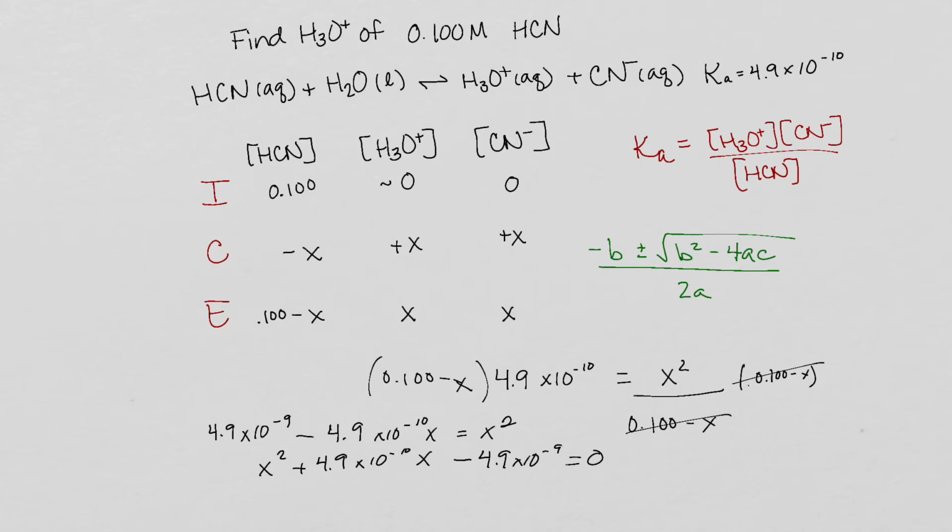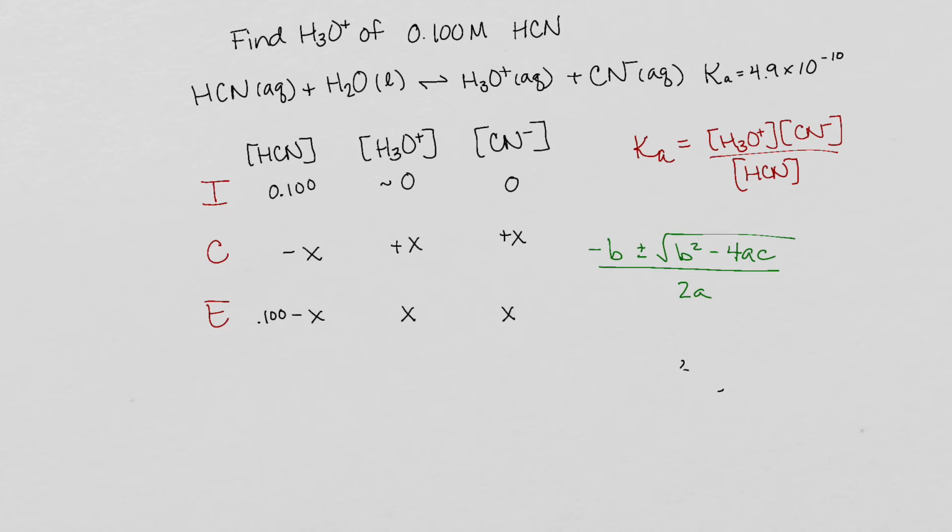Now, I'm going to show you a little trick because notice how tiny these numbers are. Let's go ahead and just pretend that the loss of this amount right here is negligible. So what would that look like? I'm going to get rid of this stuff here, and I'm still going to keep my K equation set up that way.